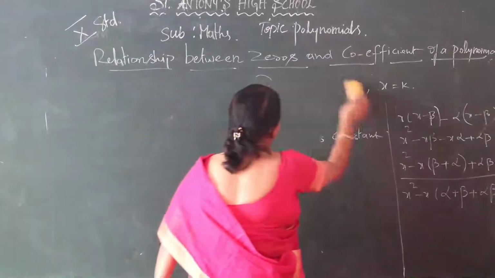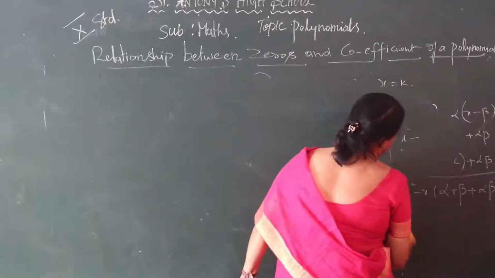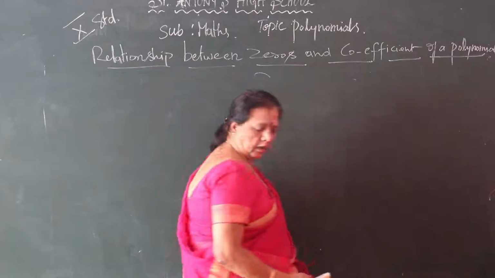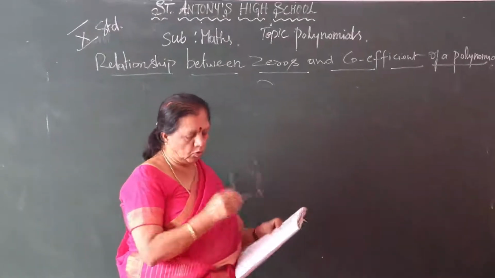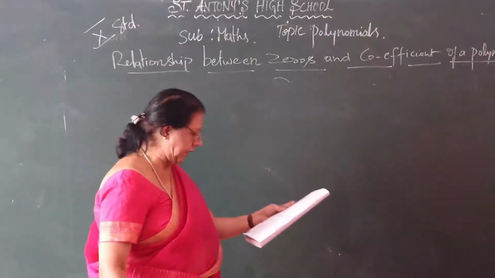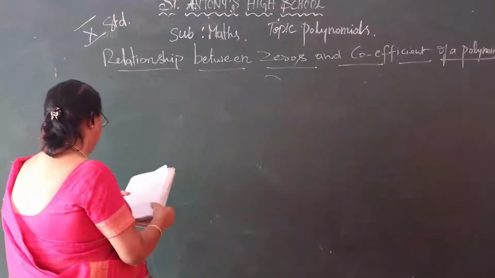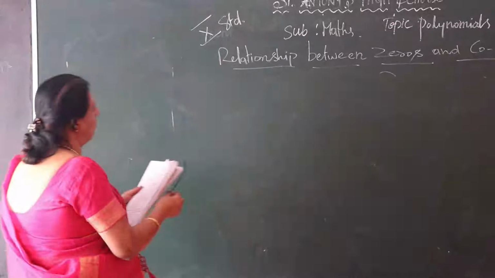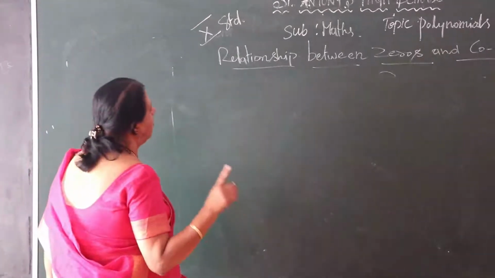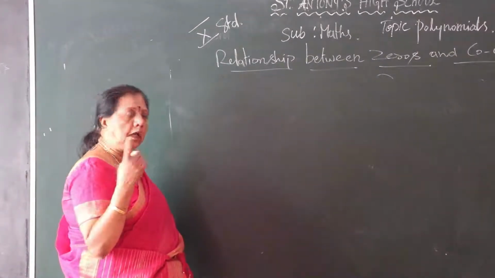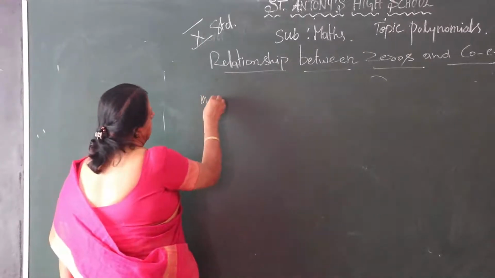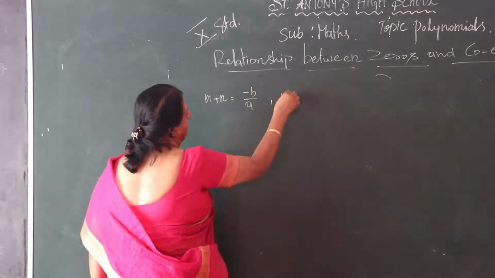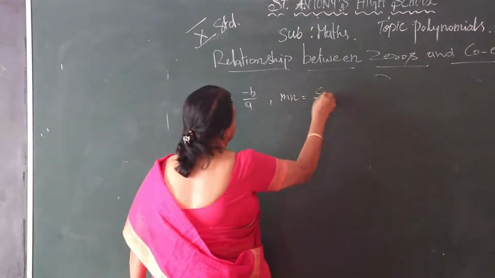So now, in your textbook they have given some example sums, and I have taken them. The same thing you also go through. Let us take one example sum. And also one more thing you remember: not only alpha beta, even m plus n is equal to minus b by a, and mn is equal to c by a.